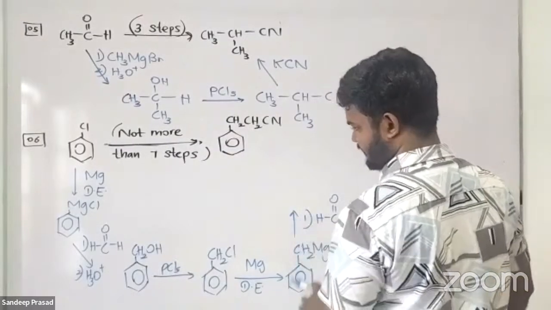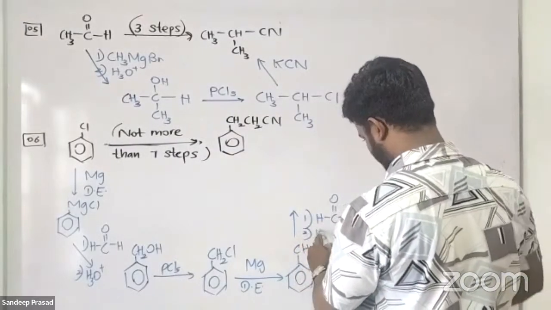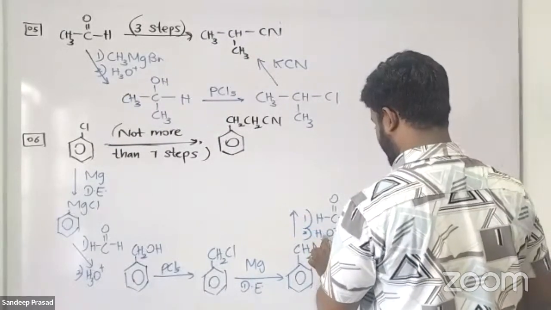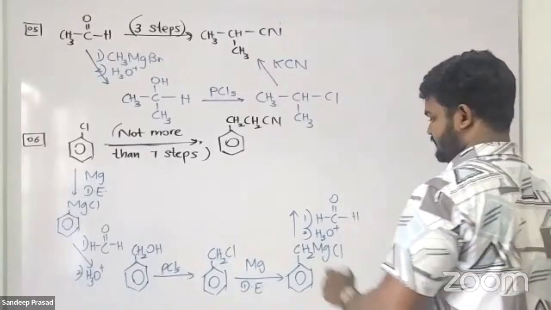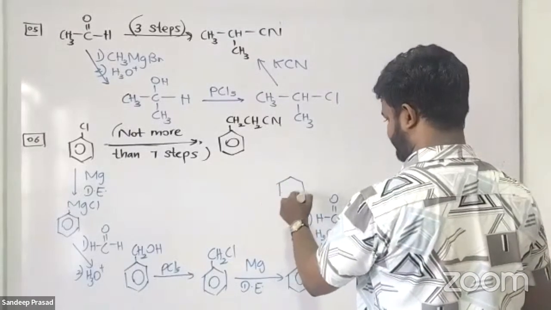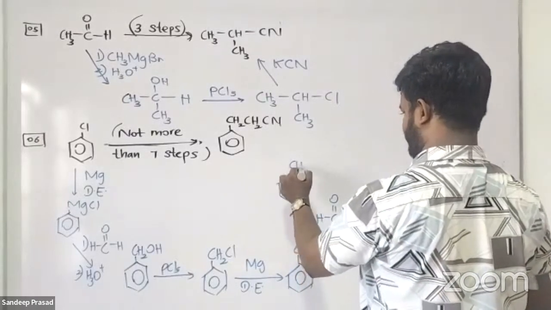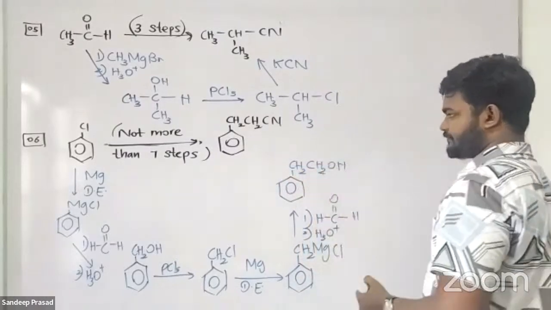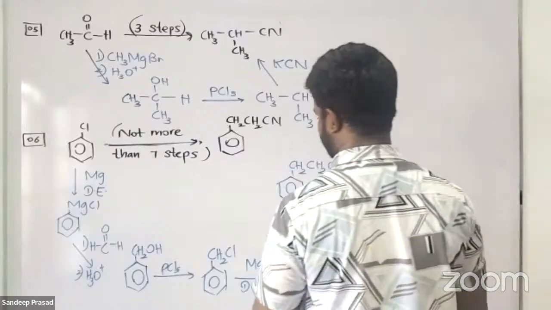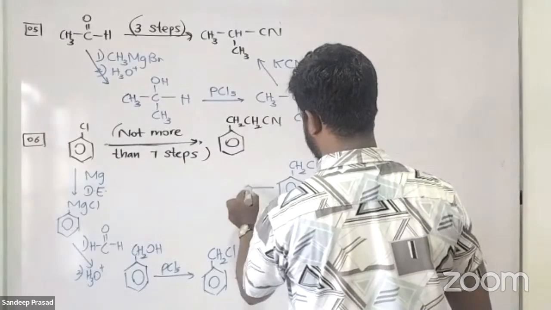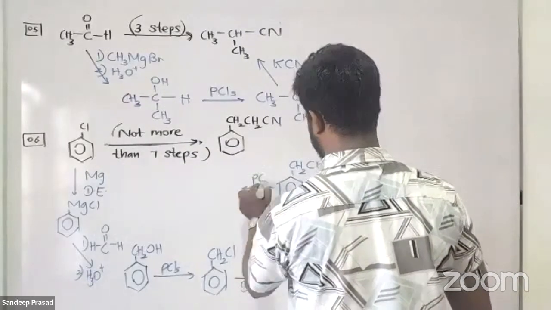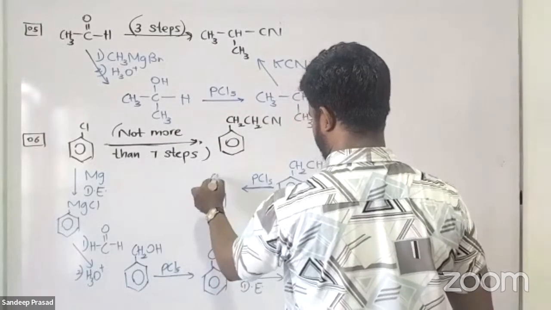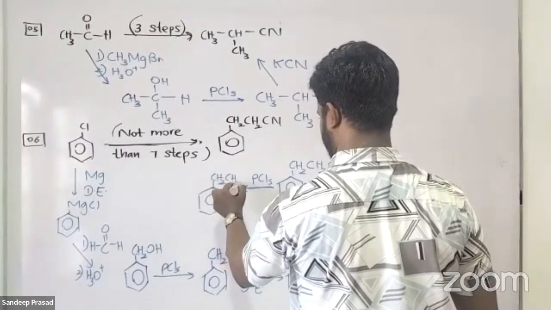So we repeated the same thing, right? It's okay, fine, because we have here not more than 7 steps, but we can maximum use 7 steps. Now, CH2CH2OH, and then PCl5, CH2CH2Cl.